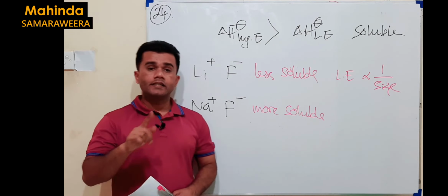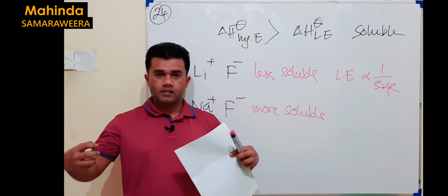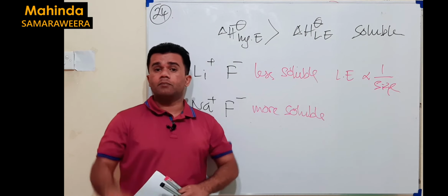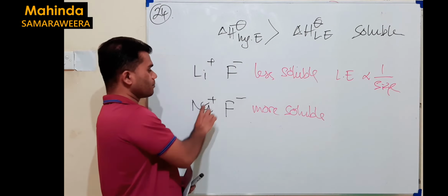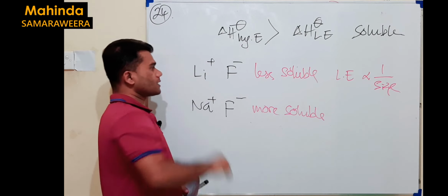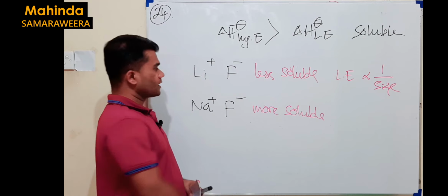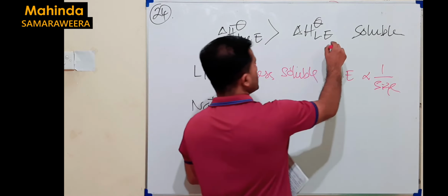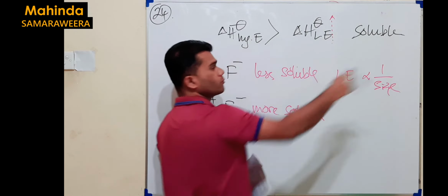Size decreases, positive charge density increases, then plus and minus ions are strongly bound, then lattice enthalpy increases. Since lithium plus is small compared to sodium plus, it has high positive charge density, strong attraction, then high lattice energy. Then does an increase in lattice energy mean it becomes soluble or insoluble?